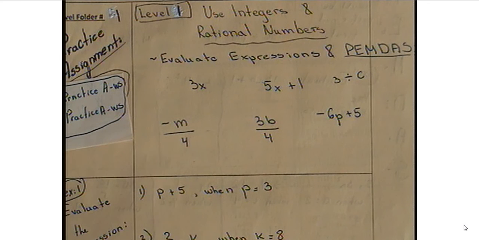And sometimes you will hear me, or actually many times through the school year, talk about equations, and I want to point out right now the difference between expressions and equations. When we have expressions and we need to simplify them, you will see variables and numbers, and we will use some order of operations.